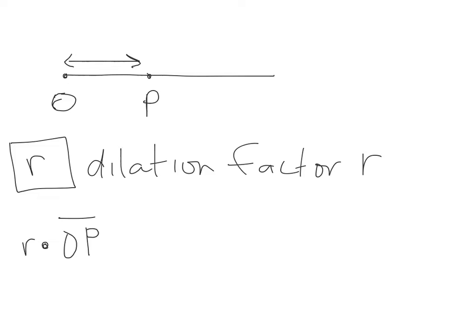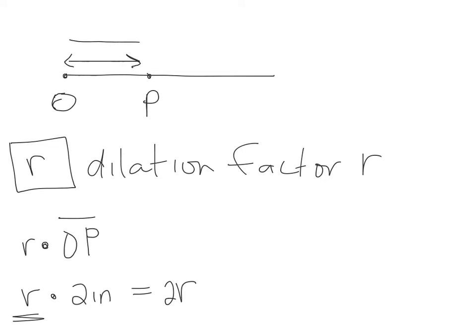So if the length of OP was 2 inches, we're just multiplying that by r, and we would get 2r, whatever that dilation is.